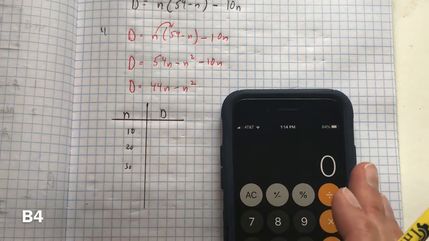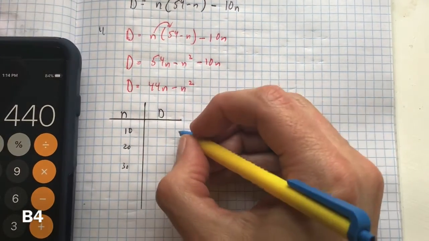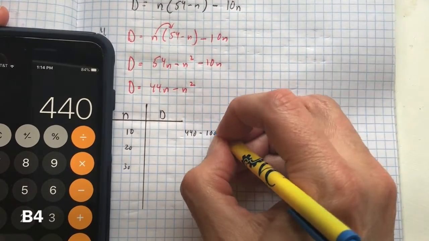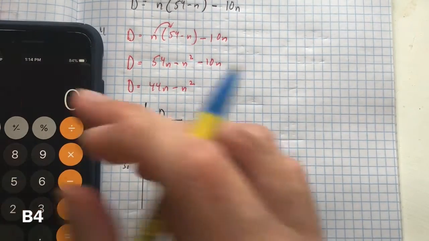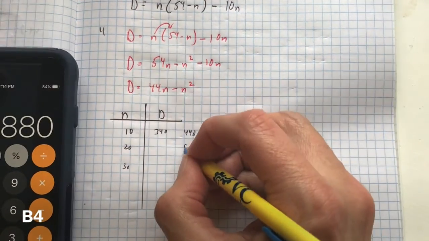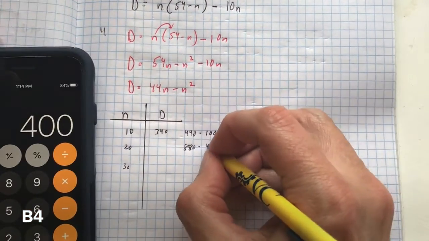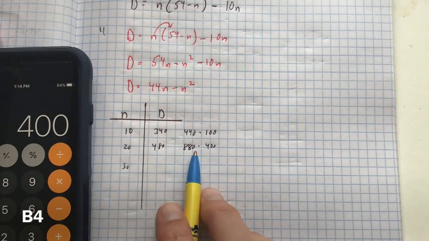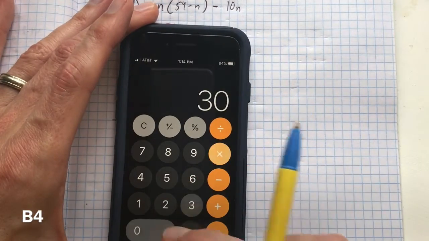So 44 times 10 is 440, minus that 10 squared, which I know is 100. That gives me 340. Next we'll do 20. 44 times 20 gives me 880, minus 20 times 20, which is 400. That gives me 480.